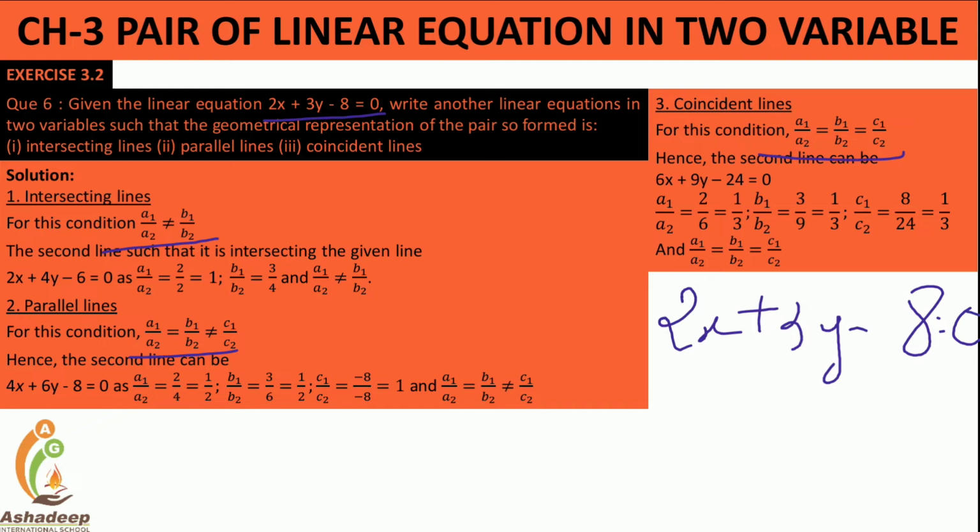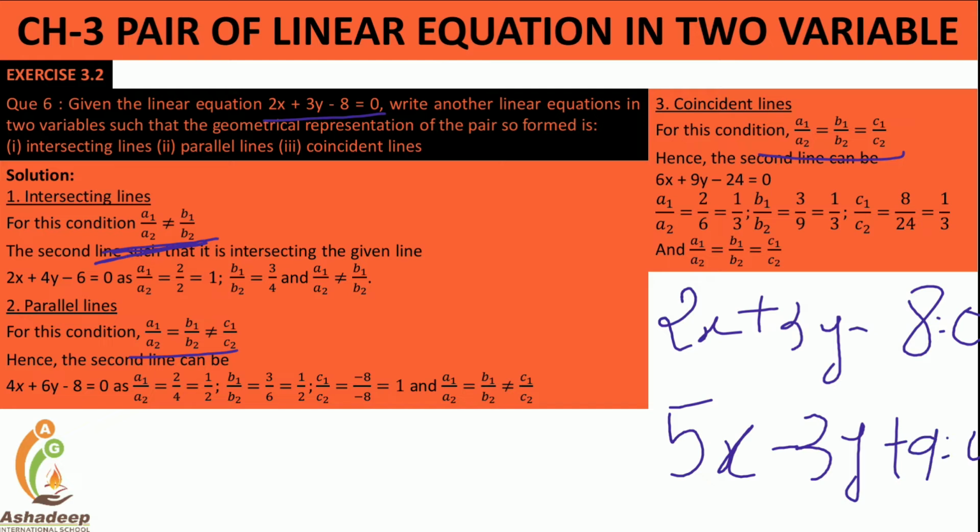Now another equation I have to form in such a manner that a1 upon a2 is not equal to b1 upon b2. So you can put any values that you want to put. So first of all I put here, for example, 5x minus 3y plus 9 is equal to 0, right? I put here some values.